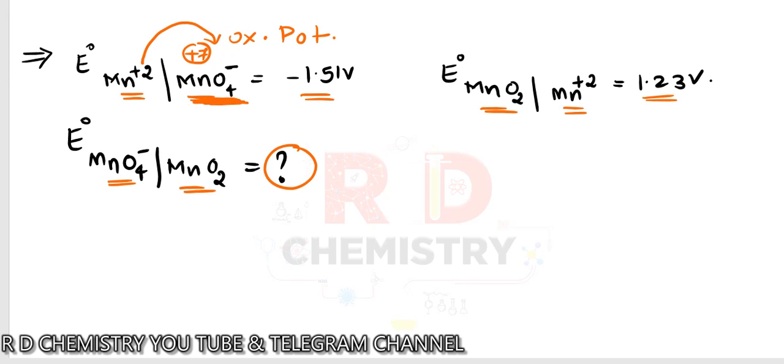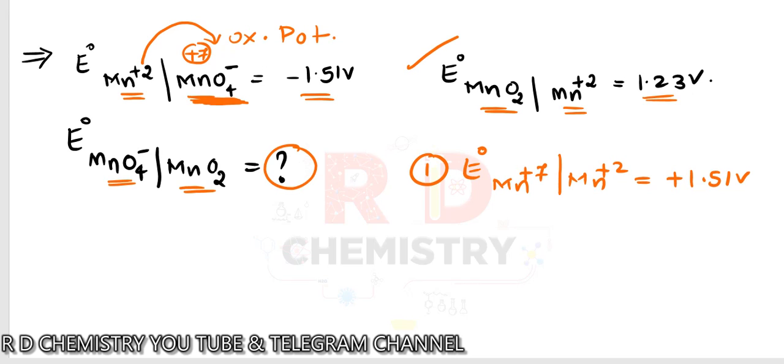We'll have to change it. So what we'll do now? E naught of manganese plus 7 in the MnO4 minus becoming Mn plus 2 will now be plus 1.51 volt. So this is the reduction potential value.